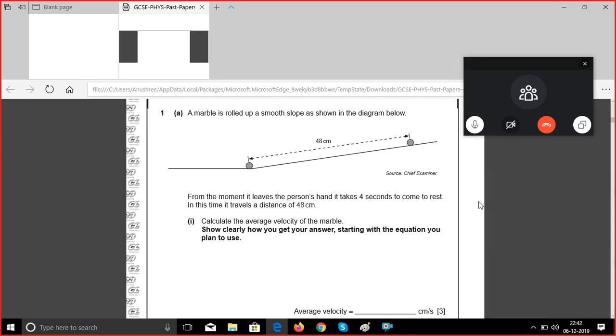So 48 over 4, which is 12. 48 divided by 4 is 12. Oh right, yes, sorry, 12. So it's 12 centimeters per second.